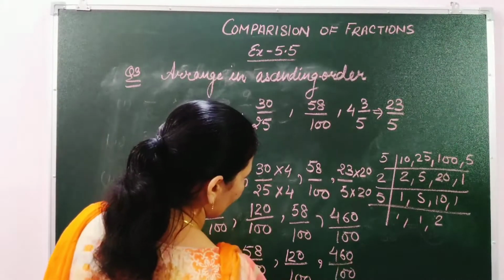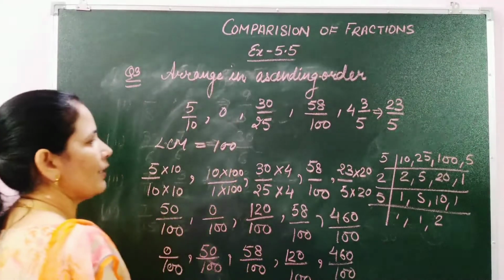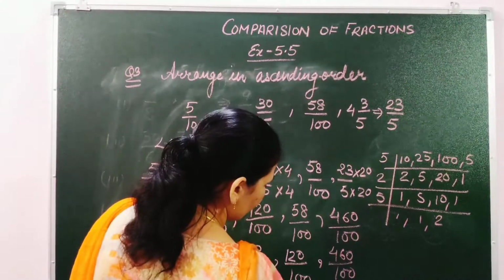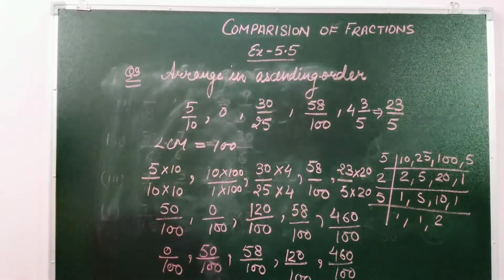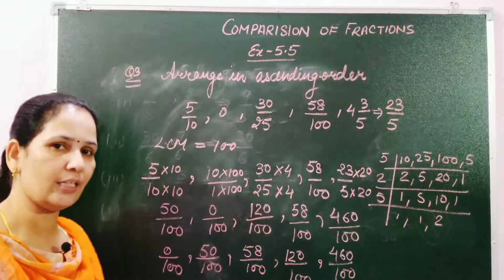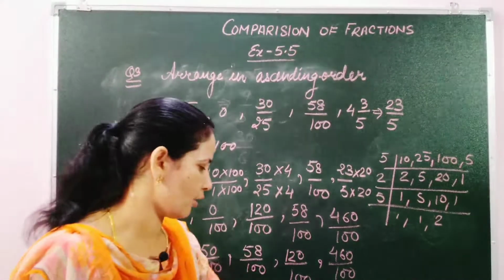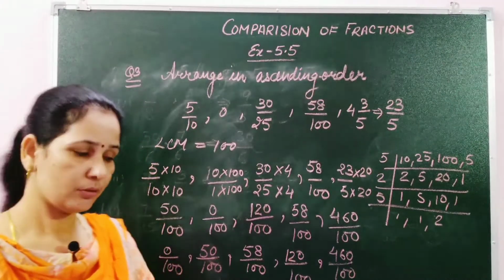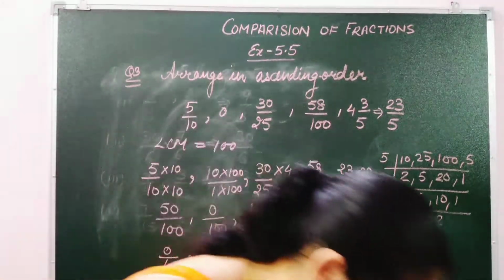Its original value is 23 by 5, or otherwise we can say 4 3 by 5. Now students, we have arranged our question in ascending order. This arrangement is according to ascending, smallest to bigger one. So this is the process we have to follow.